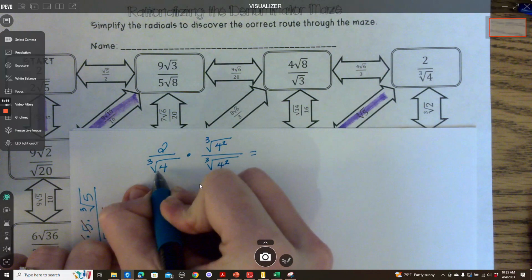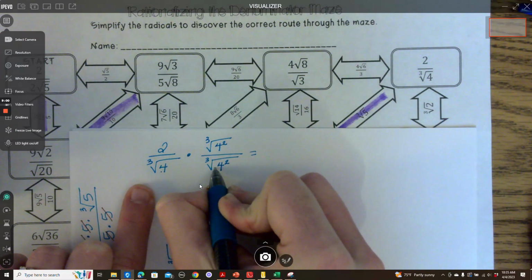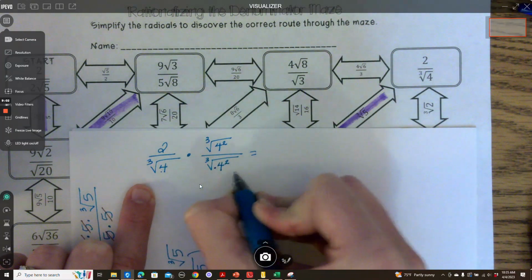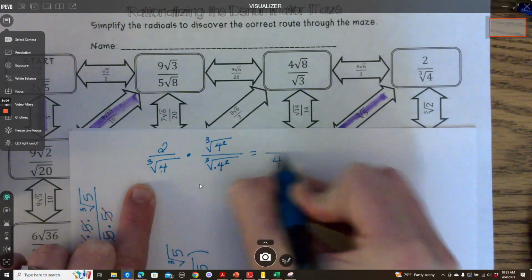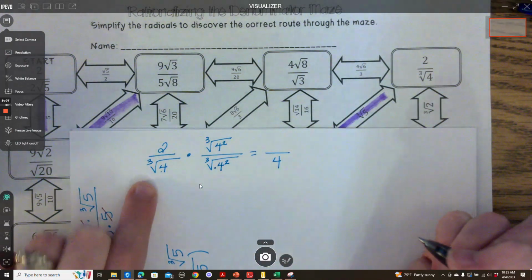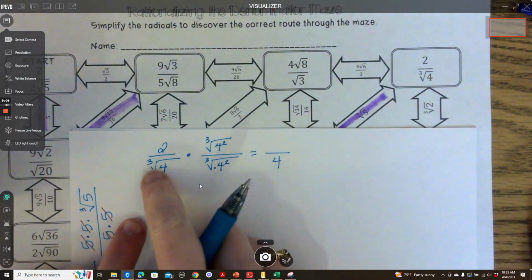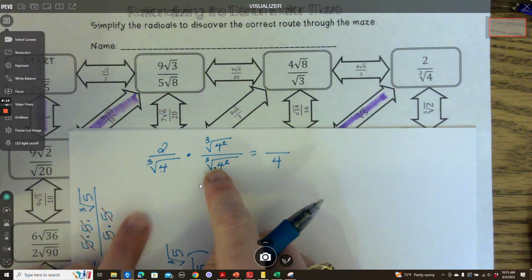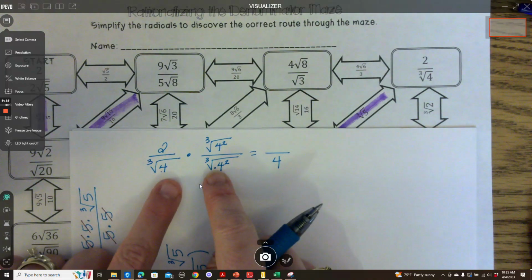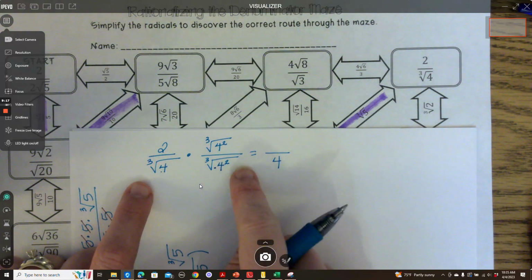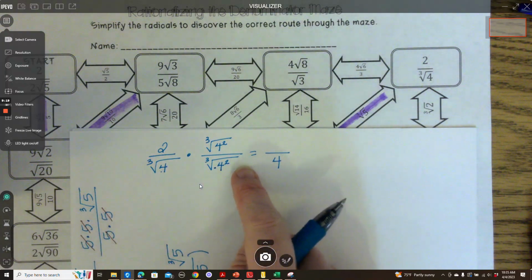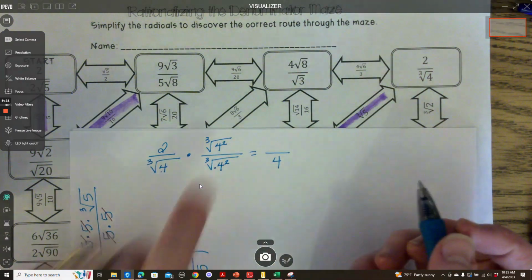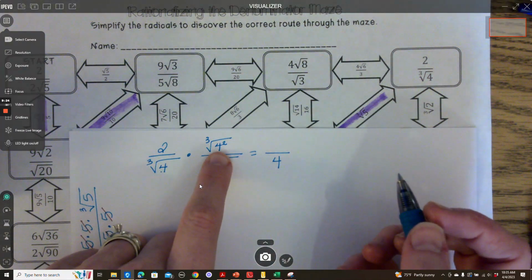Multiplying the cube root of 4 times the cube root of 4 squared eliminates everything but the 4. Because you've got 3 4s, so you've got an exponent of 3. Exponent of 3 cancels the cube root. And you just got rid of the square.